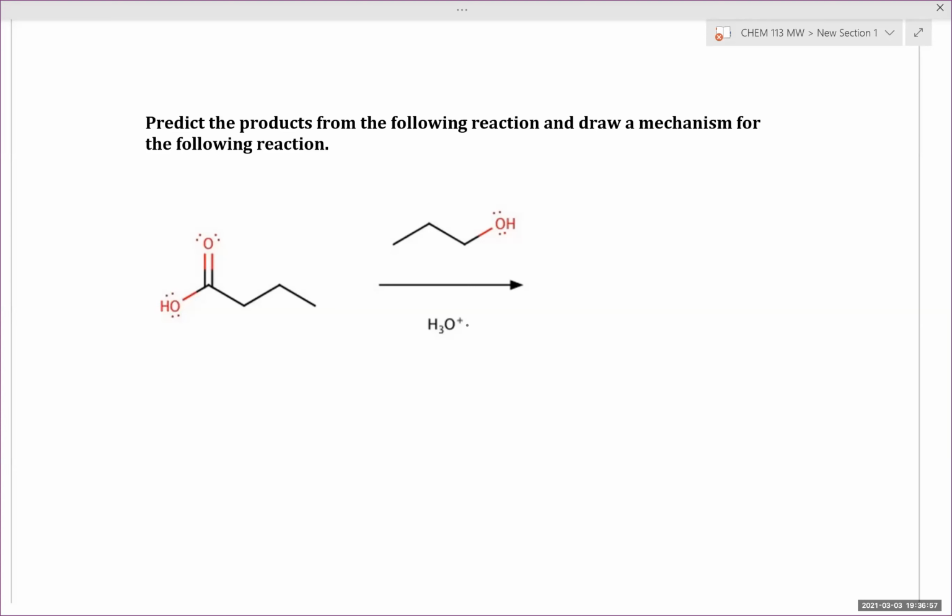Or would anyone like to suggest the first step in this mechanism? So we're under acid-catalyzed conditions. So what's the first thing that's going to happen?